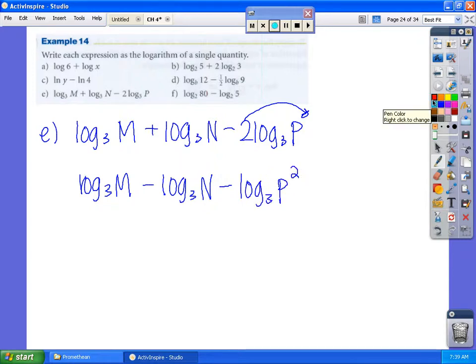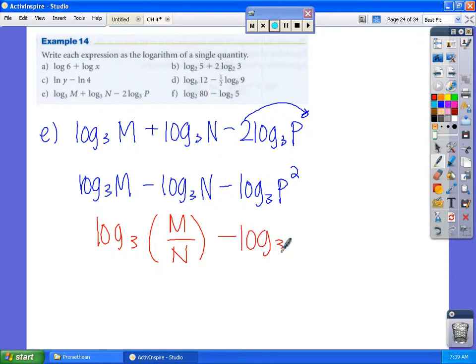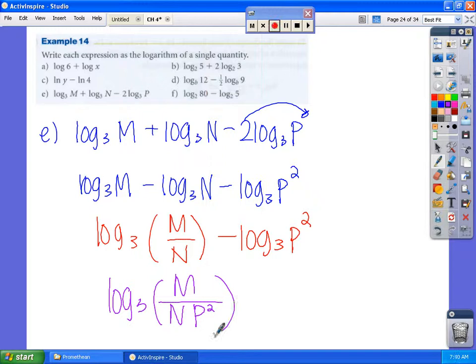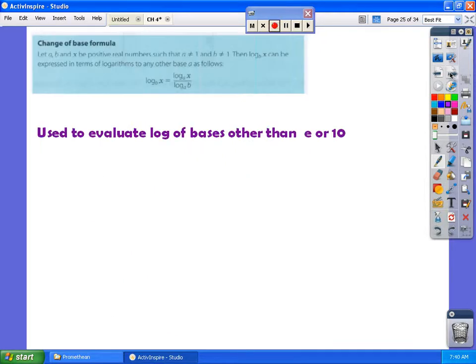This minus here tells me I'm going to have a quotient. I'm doing this step by step. And then the other minus says I'm going to divide these two terms, which ends up being that I have m times n over p squared.